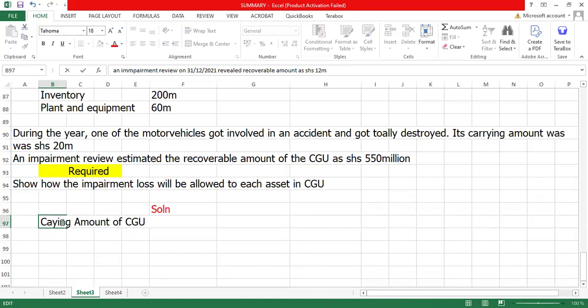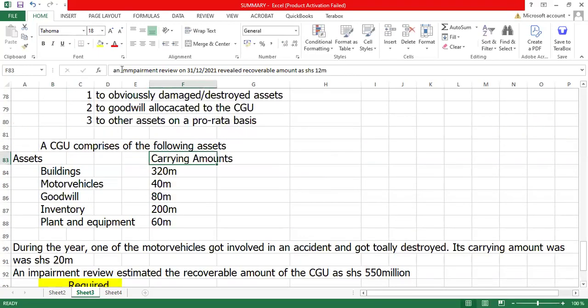Can you get the carrying amount of the cash generating unit? From this, we have the carrying amounts, so I can simply add. If you add, what do you get?